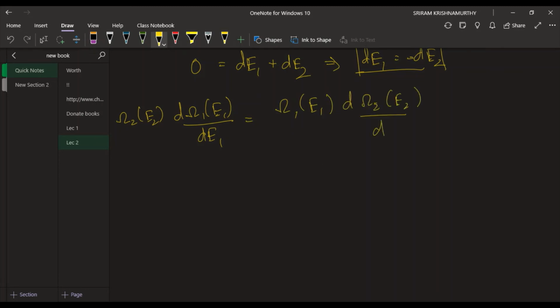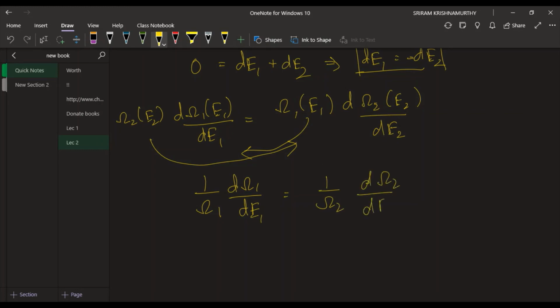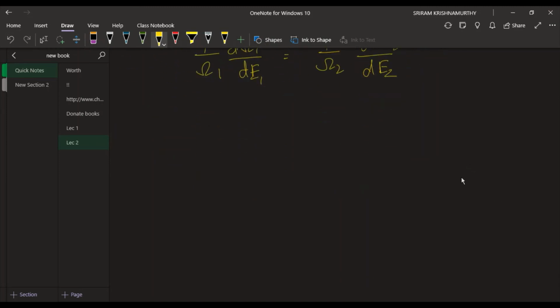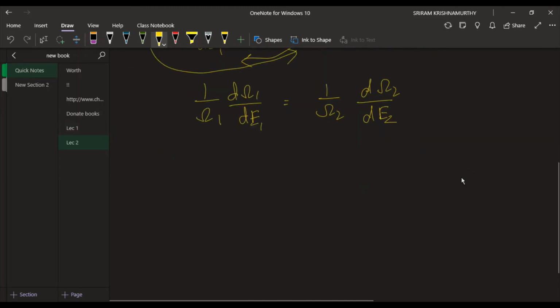So we bring omega 1 here and we bring omega 2 here, we get 1 by omega 1. So this whole term can be written as d ln omega 1 by dE1, right?